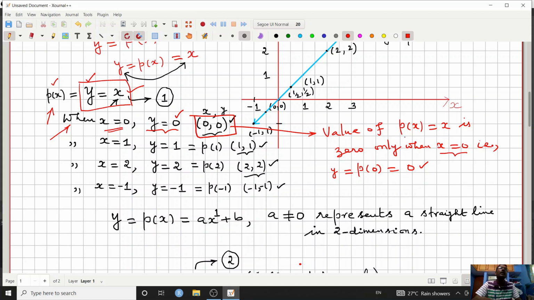If you denote the polynomial p of x as y is equal to p of x, then the y value becomes 0 when x is equal to 0.